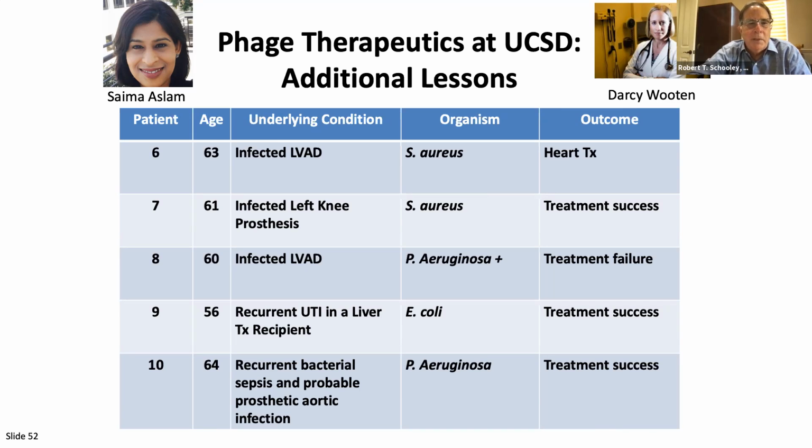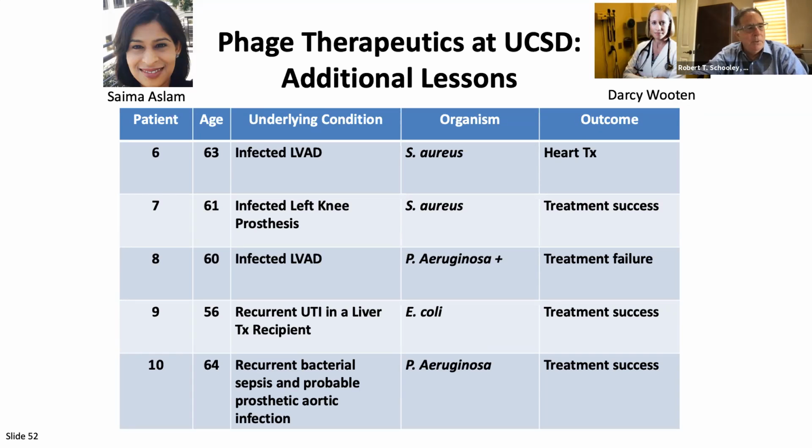So there have been a number of infections now treated by Simon and now others that are involved in implanted devices such as left ventricular assist devices, joints, that with phage therapy have been successfully treated. Now, what we've done over the last several years, and by we, I'm talking about Stephanie Strathy and myself.